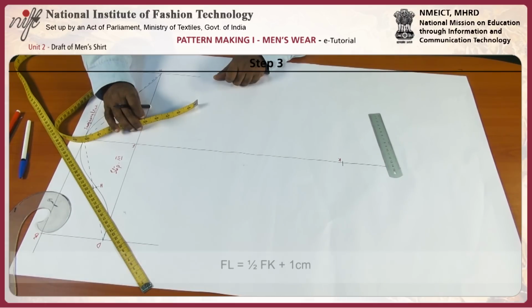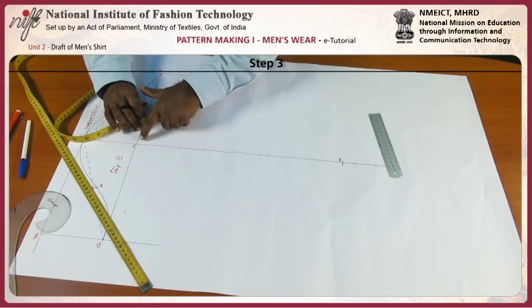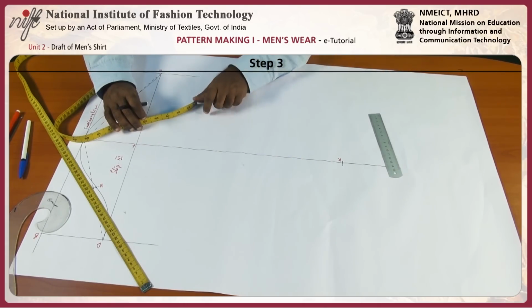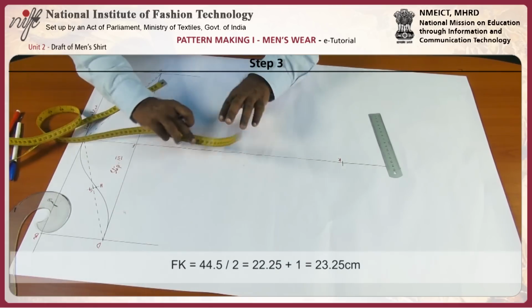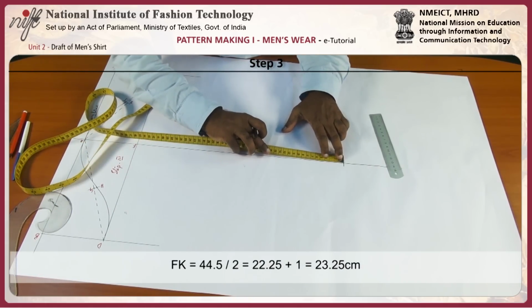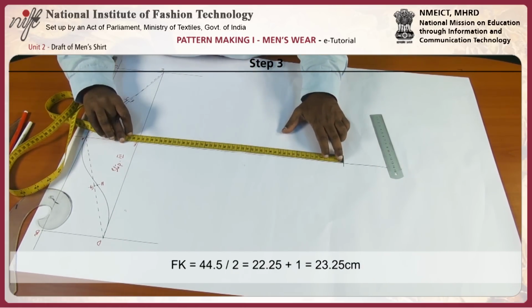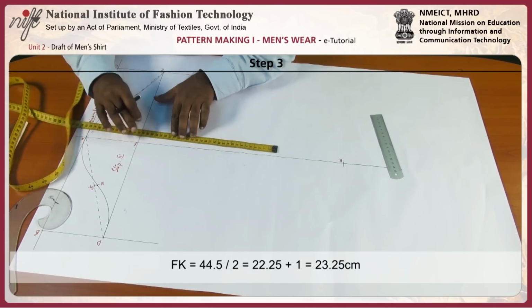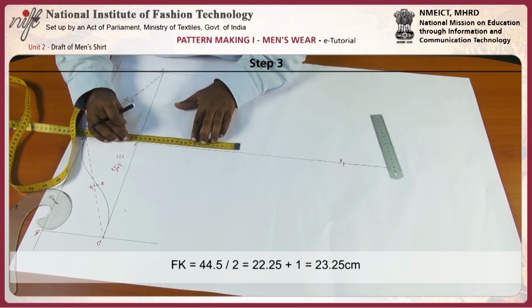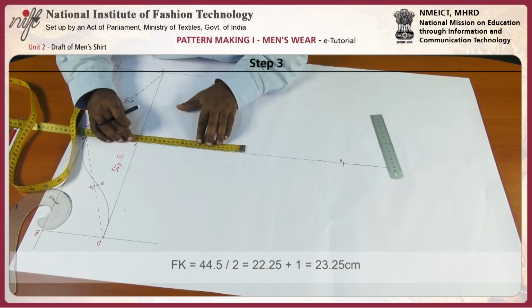Now F to L is half of FK plus 1 centimeter. FK is 44 and half will be 22.25 plus 1, 23.25.